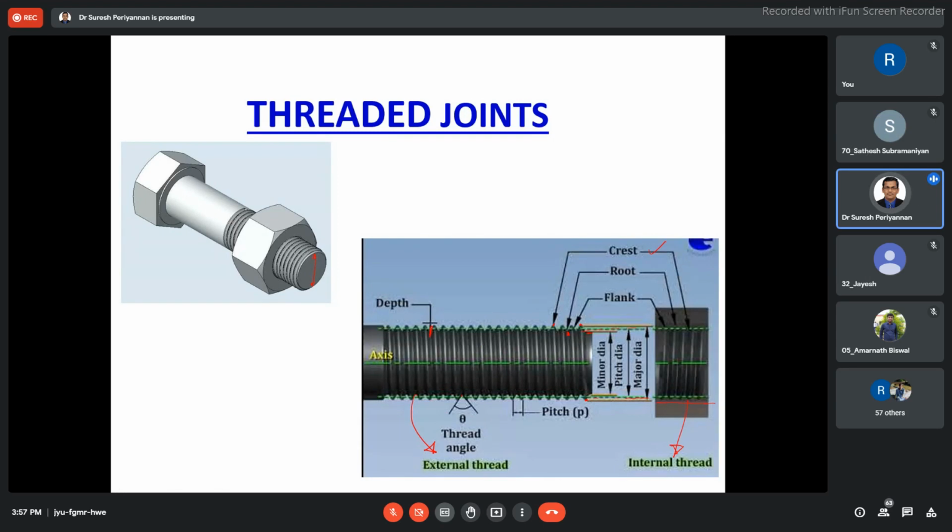I already have given you the mean diameter, minor diameter, and major diameter, from the top crest to the bottom crest. In between the middle is the pitch diameter. Now, can you tell me the depth or thickness of the thread?